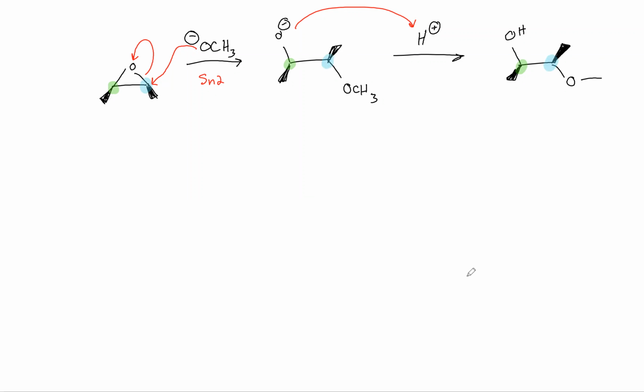So we can see this oxygen will be 1 because oxygen is going to be that highest priority. Same over here. Then this is going to be 2 and this is going to be 3. Same over here. You can see that the blue becomes 1, 2, 3. That is going to be S. The green is going to be 1, 2, 3.